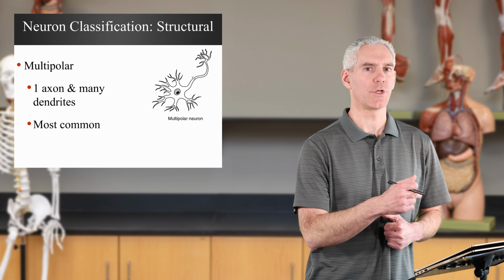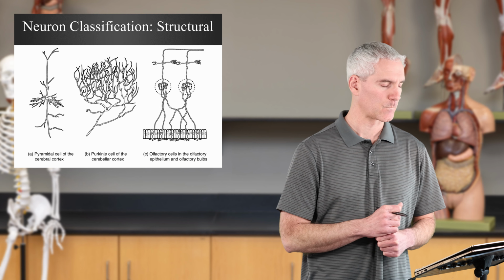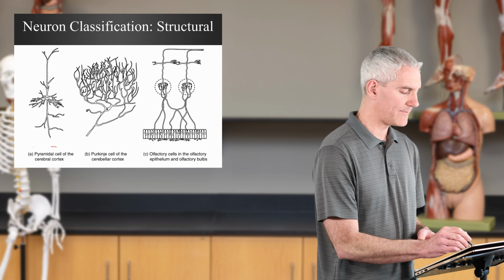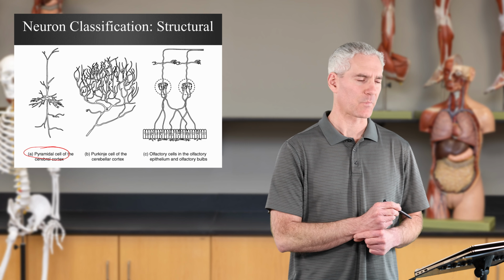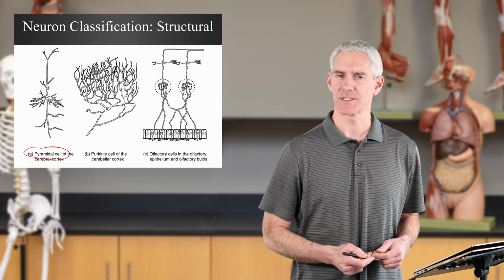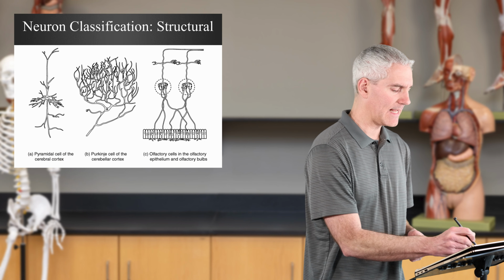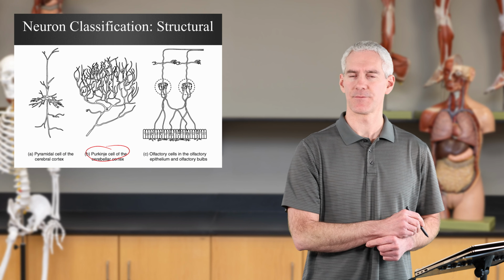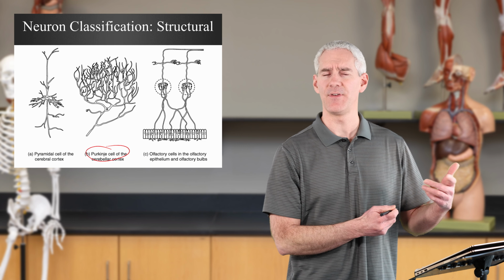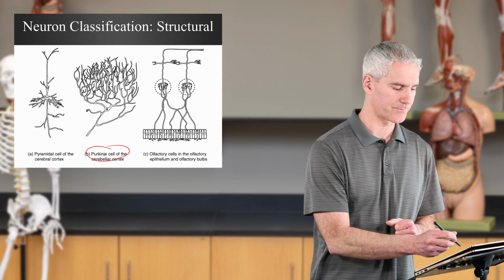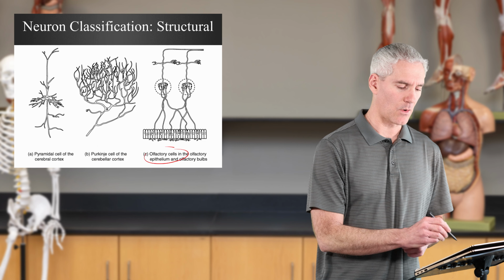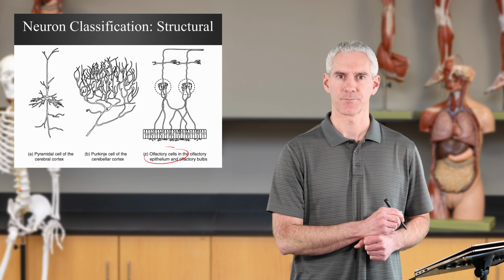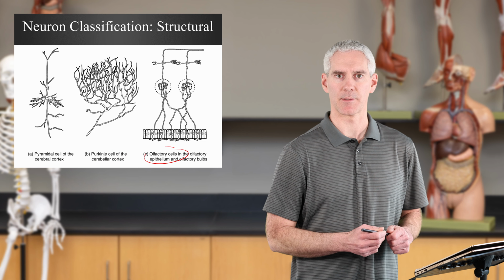There are some other more unique structures. Here, we're going to have these pyramidal cells. You notice they have a whole unique look to them. We then have these Purkinje fibers up from the cortex. Again, a very unique structural look to it. And you even have these olfactory fibers. Again, very unique structural buildup.